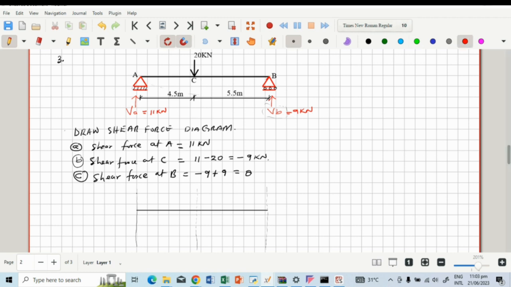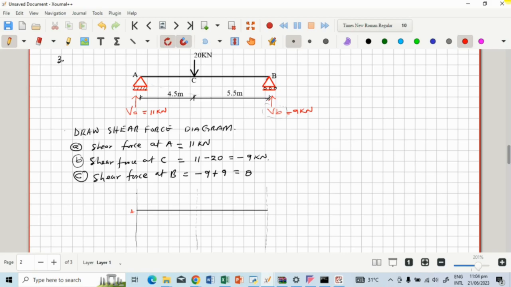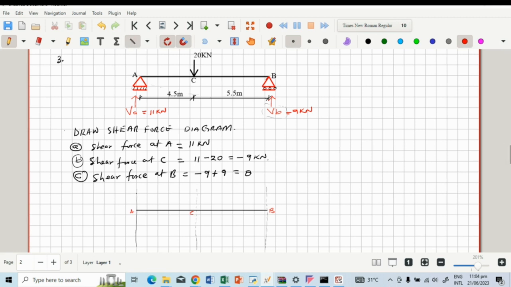Let's label, so this is A, this is C, and that is B. Right. So at A, we calculated the shear force to be 11 kilonewton. So that means we'll be moving up by 11. So this will be plus 11.